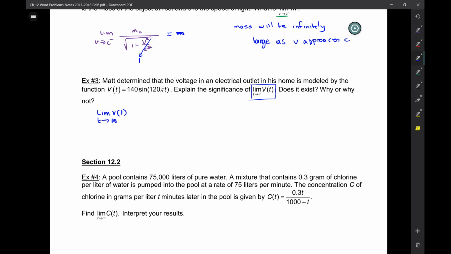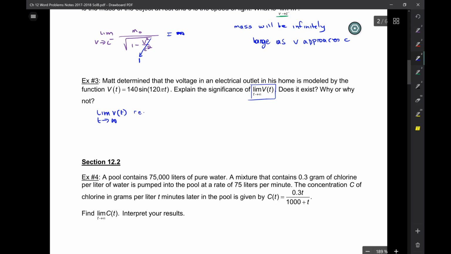Not velocity. This is not talking about velocity, it's talking about voltage. It's the voltage where t is time. Right.